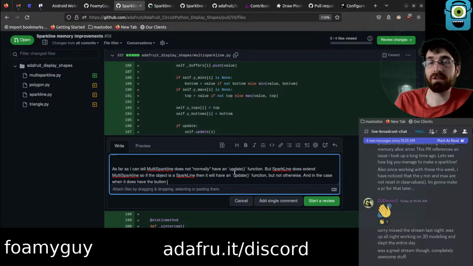In the case when it does have the update, I don't know where we got button from, the update function.